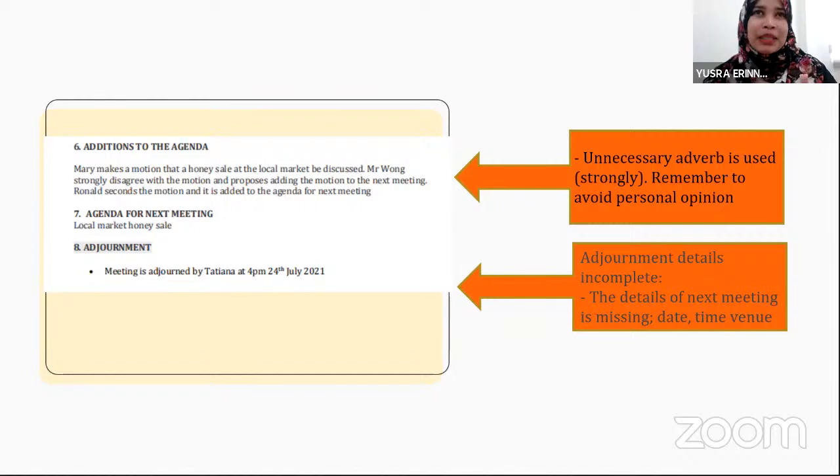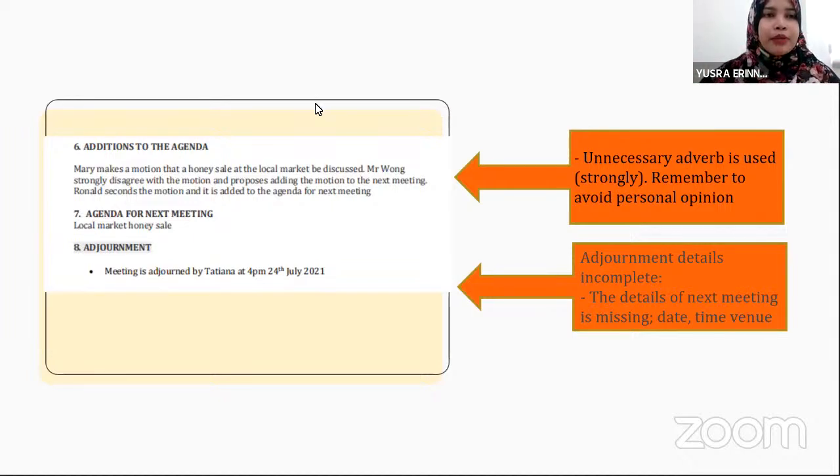For example, Safa has motioned something. However, Ashraf strongly rejected the motion. The word strongly over there is an adverb. It is not necessary.